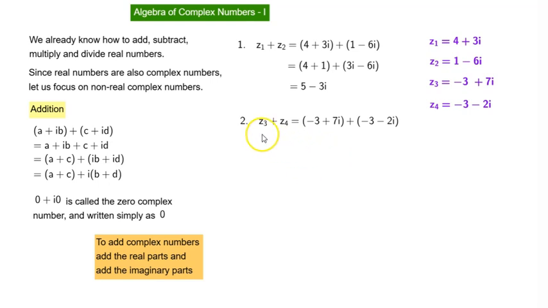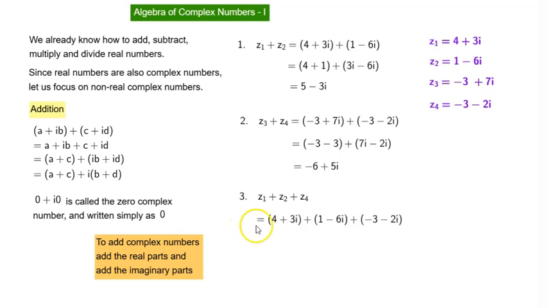Let's take one more example, Z3 plus Z4. Minus 3 plus 7i plus minus 3 minus 2i. Minus 3 minus 3 is minus 6, plus 7i minus 2i is 5i. So minus 6 plus 5i is the answer. Now let's take three complex numbers, Z1 plus Z2 plus Z4.